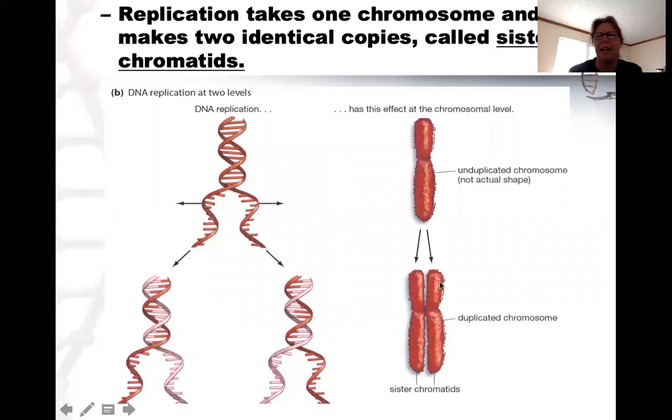That's that traditional X chromosome that we represent. We draw all our chromosomes as little X's, and then we have this central part called the centromere that's going to hold these copies together. These copies are identical. We call them sister chromatids. So what we're going to do is replicate our DNA so that we have two copies here, one for each cell.